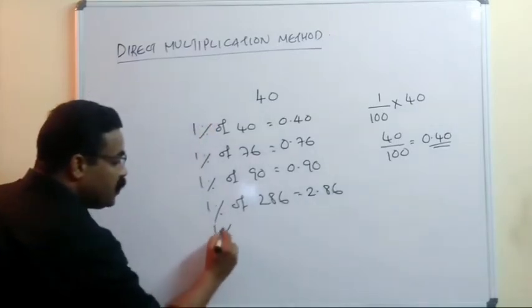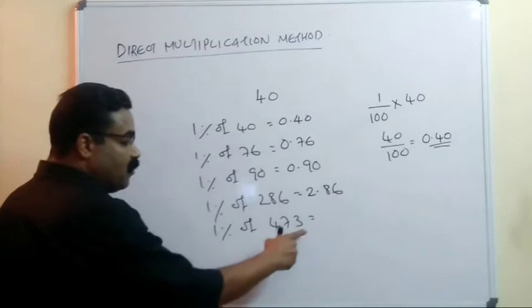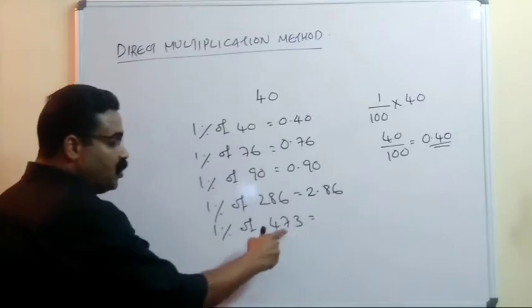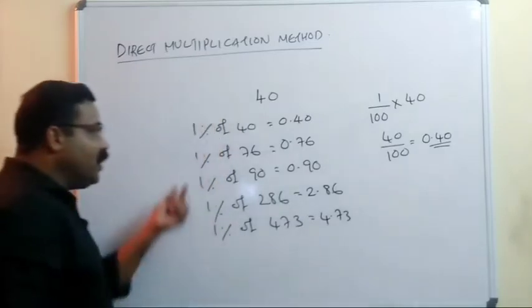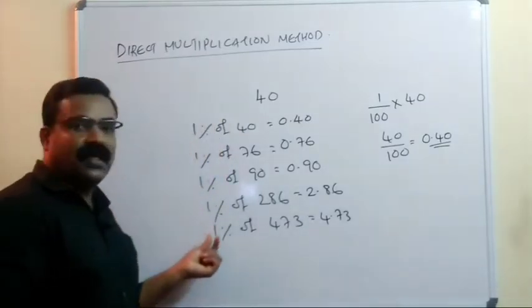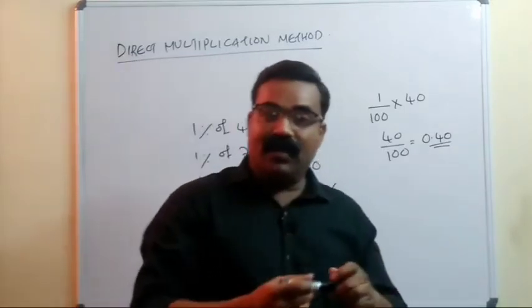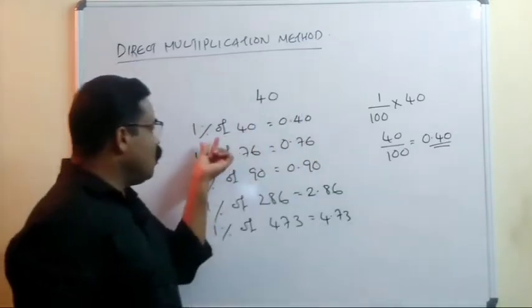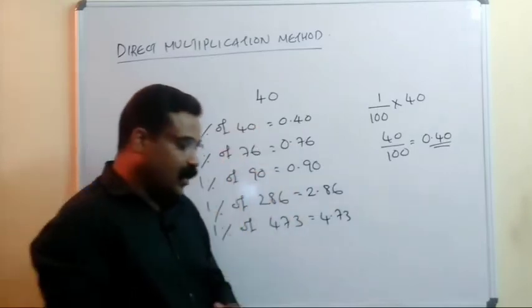I want 1% of 473. From the right, after 2 digits you have to put the point, so it becomes 4.73. So finding 1% is nothing but dividing the number by 100. So we have learned concept number 1: whenever you want to find 1% of a number, just divide it by 100.